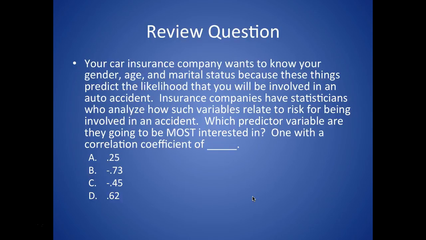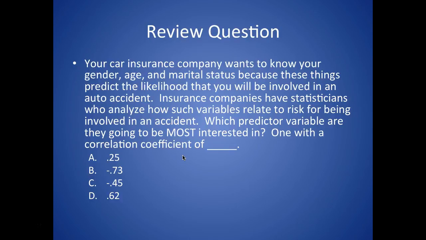Another question, if you have an insurance company and they want to try to predict your likelihood of having an accident, and they collect data on gender, age, marital status, and a variety of other things, they're trying to predict the likelihood of accidents by your predictor variables, age, sex, and so forth.